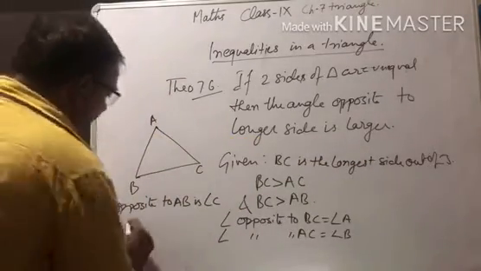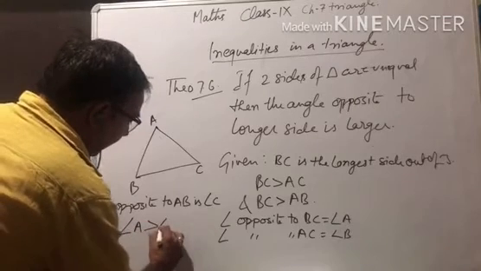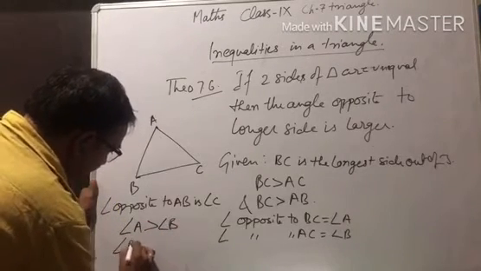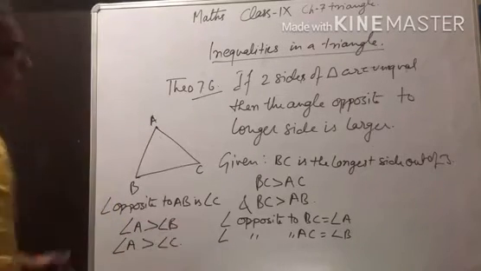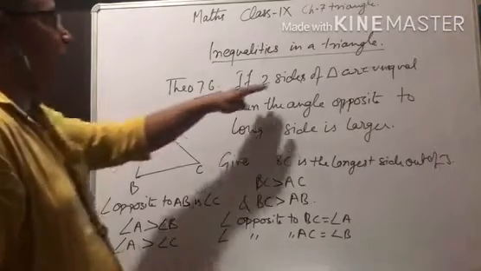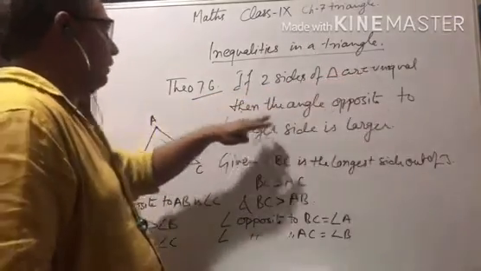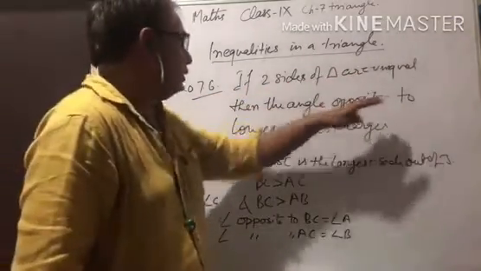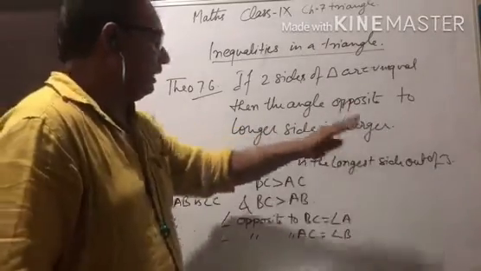It means angle A is greater than angle B as well as angle A is greater than angle C. If two sides of a triangle are unequal, then the angle opposite to the longest side is larger.